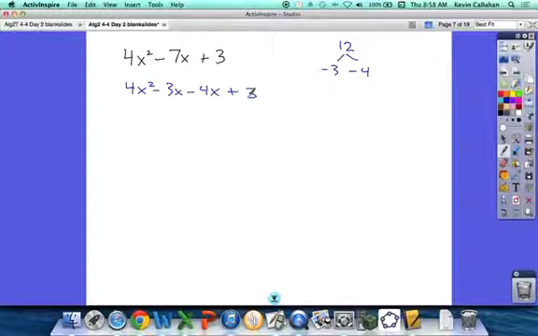Once you've got your numbers, you split up the middle term. Then what do I do? You group them: group the first two, group the last two.